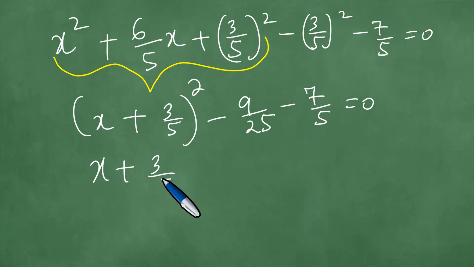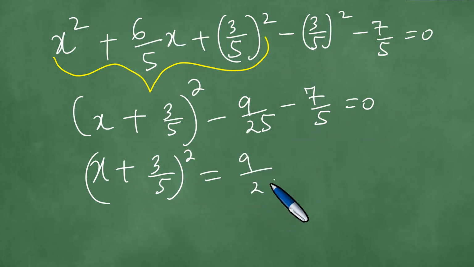X plus 3 out of 5. Okay, you can move the things to the other side, having 9 out of 25 plus 7 out of 5 all together. So this is what we're getting.